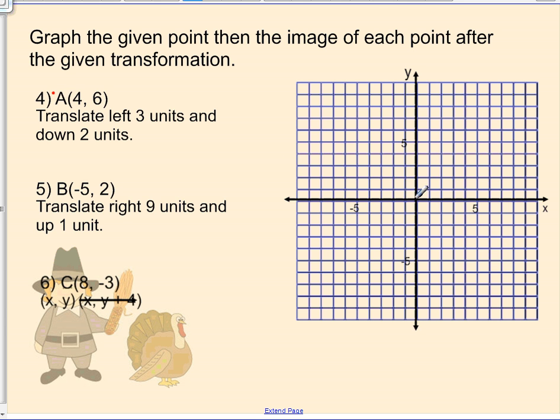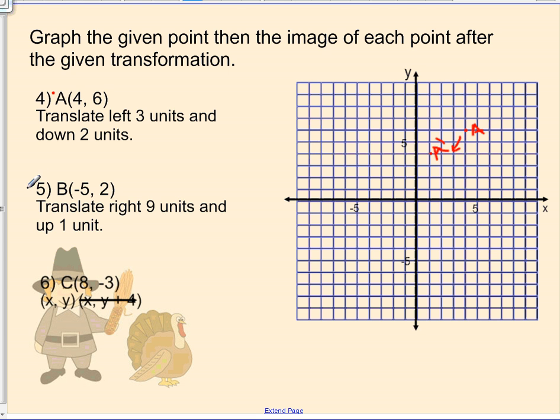So we have 4, 6, so there's my point A. All right, and it's telling you to translate left 3 units and down 2 units. So we're going to go left, 1, 2, 3, and down 1, 2. All right, so that is A prime. It's the image. All right, so it moved that way.